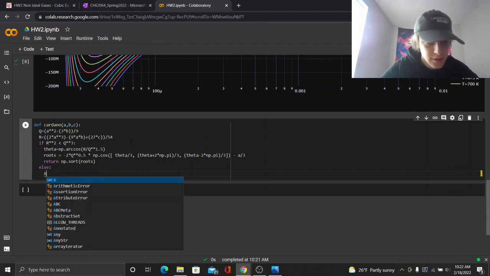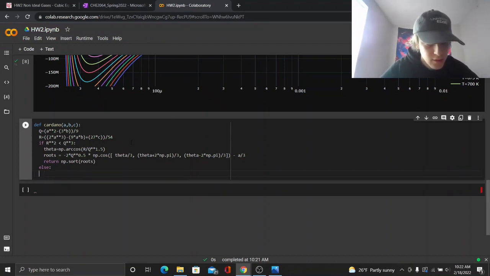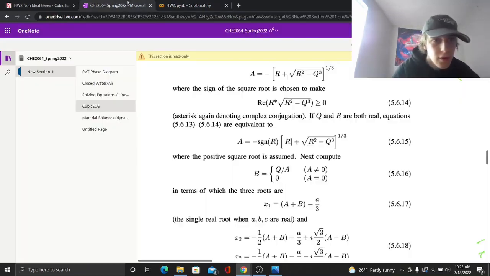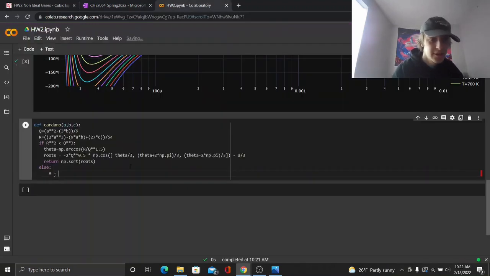So A will equal, and this is just getting the sign of R, so that's not the trigonometry sign, it's just getting if it is positive or negative.